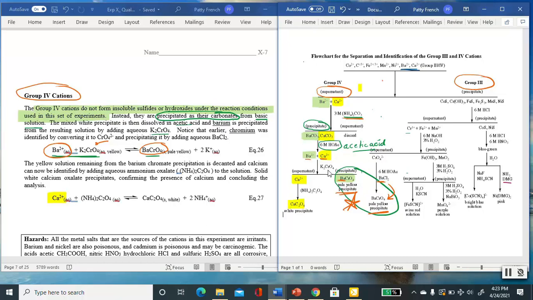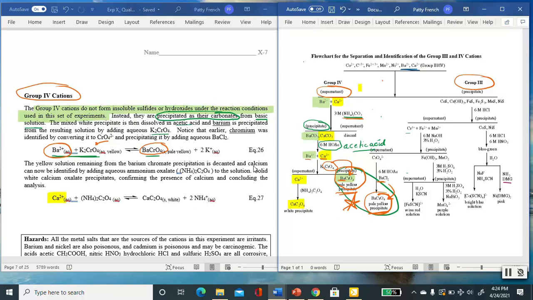Similarly, with the chromate, in this particular case with barium, we used chromate to precipitate out barium for the identification test. But over here, the chromate was the polyatomic ion of chromium that we then identified using barium. So that's kind of weird and kind of neat. We use barium two ways. We use chromium and chromate two ways, and we ended up identifying both barium and chromium with the same pale yellow precipitate.